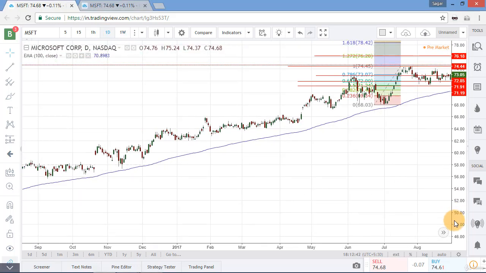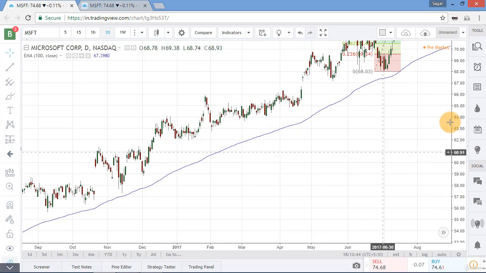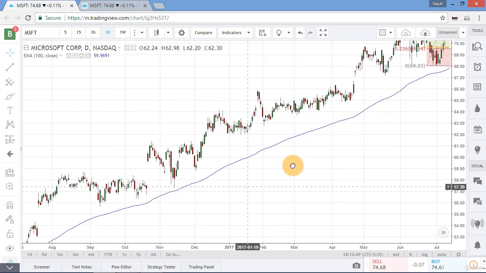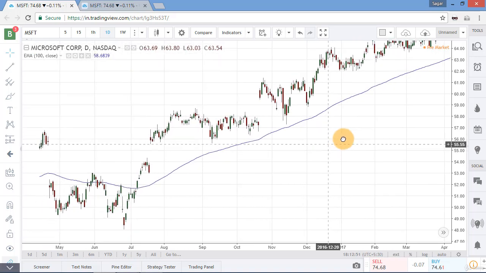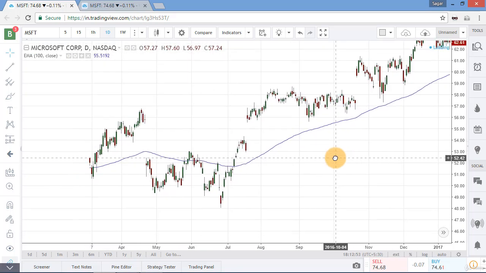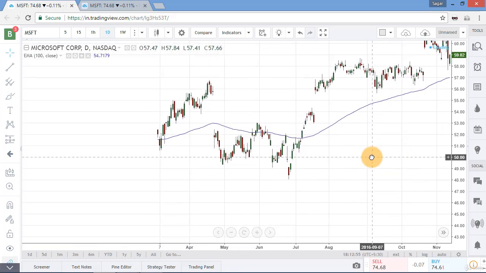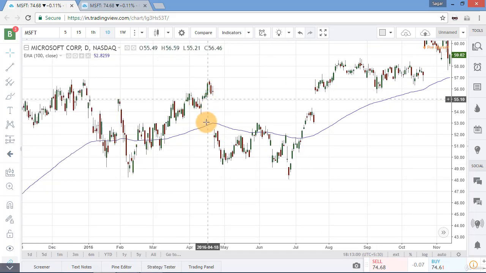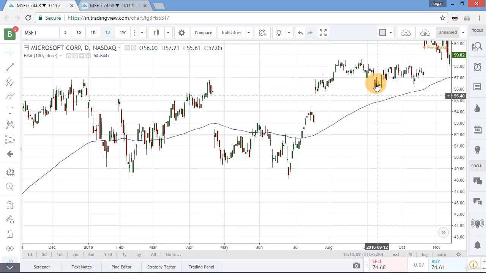Now we can see on the daily chart also the stock is moving in an upward direction, hence in uptrend. The stock was in uptrend, and this was the cup and handle pattern.